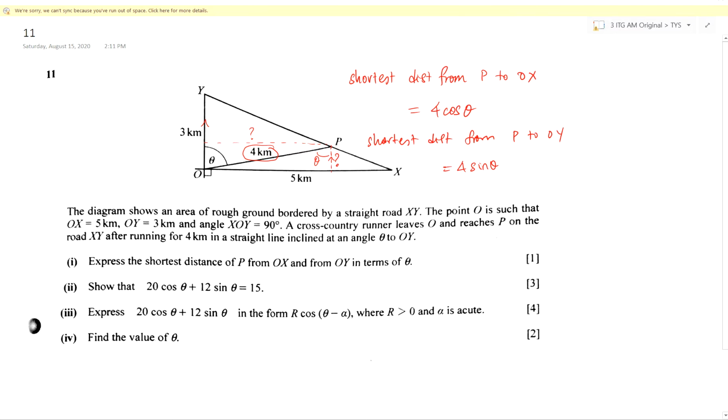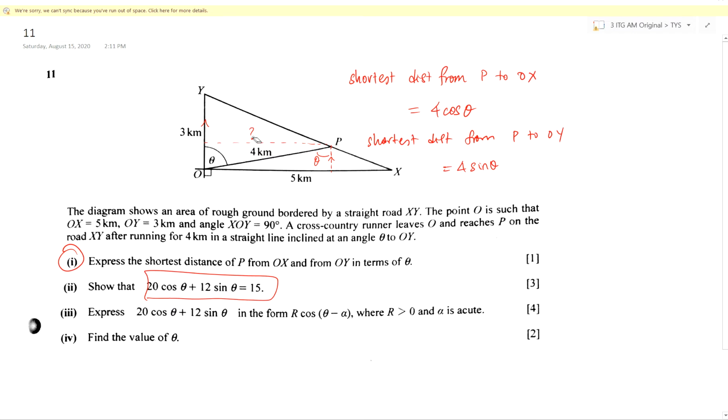Okay, now in part 2, they want us to show that 20 cosine theta plus 12 sine theta is 15. They do not give any more context for this, so we have to try and figure out if the previous part, part 1, is going to be helpful to us. Okay, so let's see.